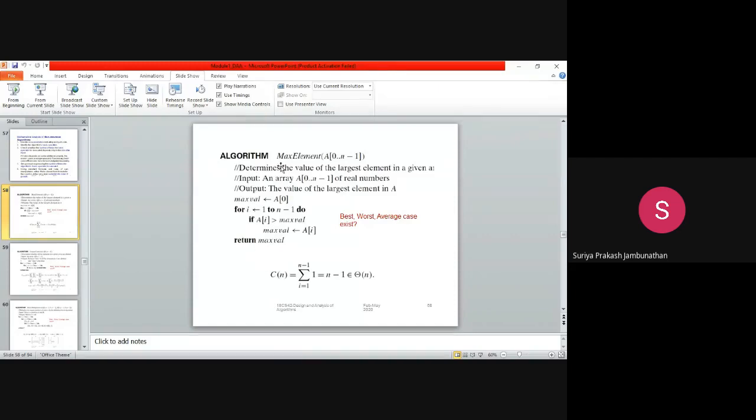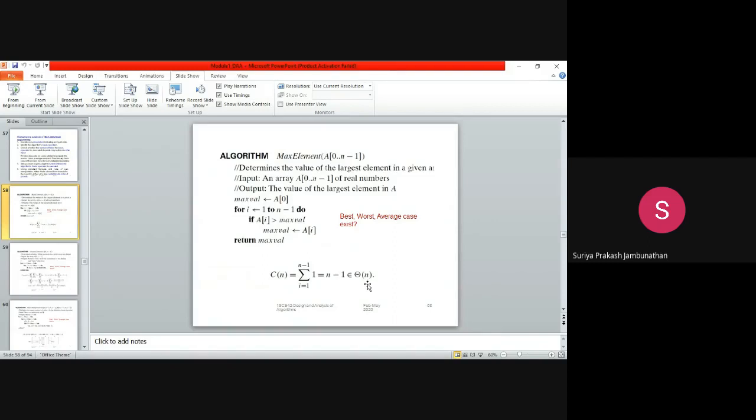So this is the way of the algorithm. For this algorithm, we are writing the notation this way: C of n is equal to summation of i equals 1 to n minus 1, because we are identifying the size of the array from 1 to n minus 1, and n minus 1 belongs to big theta of n.